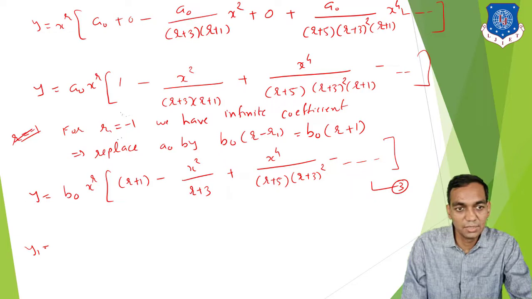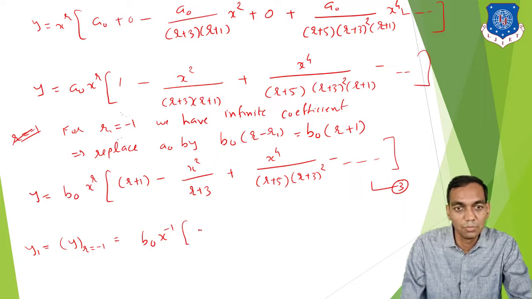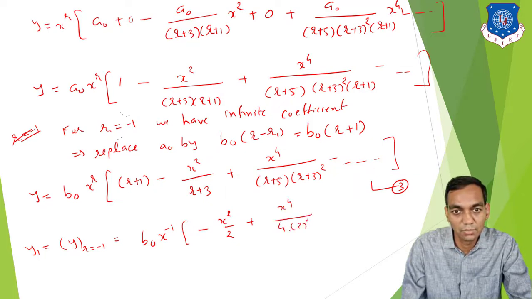So y1 is simply obtained by putting r is equal to minus 1. That means it is b0 x raised to minus 1 times minus x square by 2 plus x raised to 4 by 4 into 2 square plus dot dot dot.